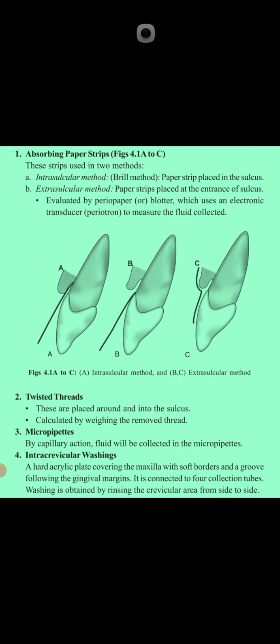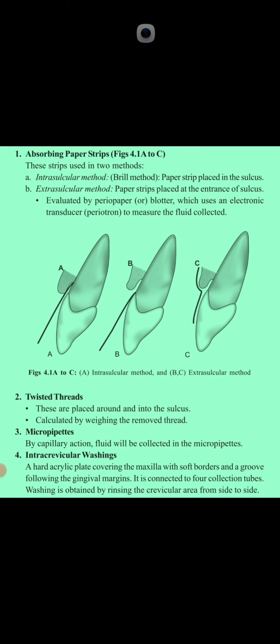Now we come to the first method, which is absorbing paper strips. Here we place paper strips, and when the paper strip is wet, we place it in an electronic transducer, which is a periotron, which measures the fluid collected in the paper strip.